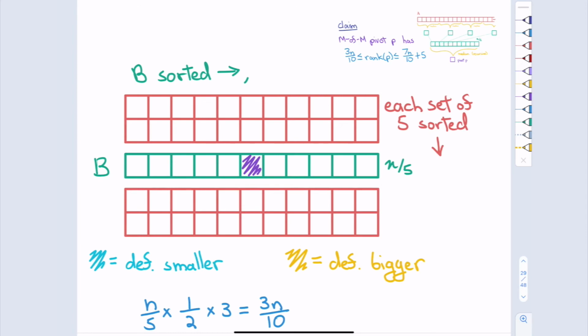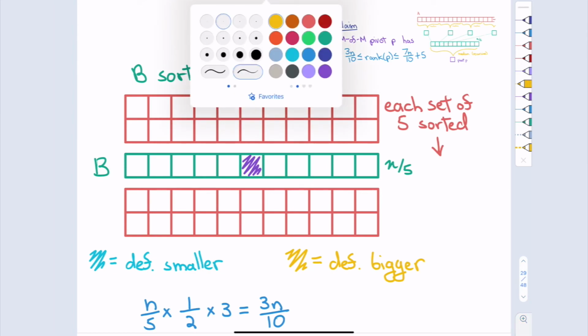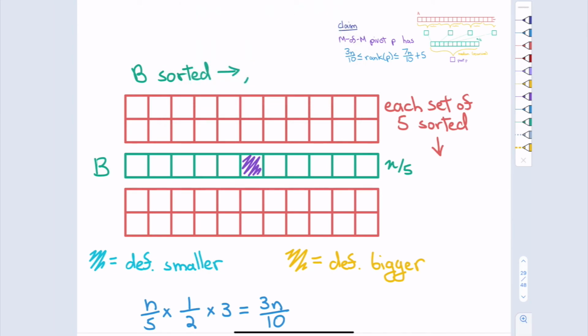Now I want to argue that, of course, the purple element is bigger than half the green and smaller than half the green. But I want to argue that it's bigger than a lot of red as well, and smaller than a lot of red as well, because that's really what I'm trying to split. So I've used teal. Teal represents things that are definitely smaller than this median of medians.